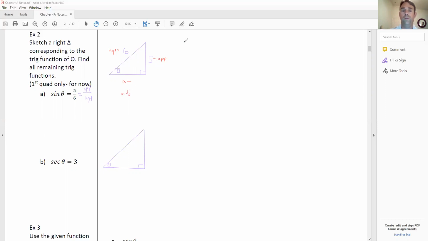So A squared plus 5 squared equals 6 squared. And again, this isn't going to be too terribly bad. A squared plus 25 equals 36. A squared equals 11. So A is the square root of 11.